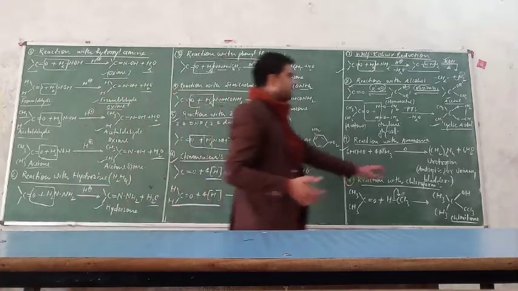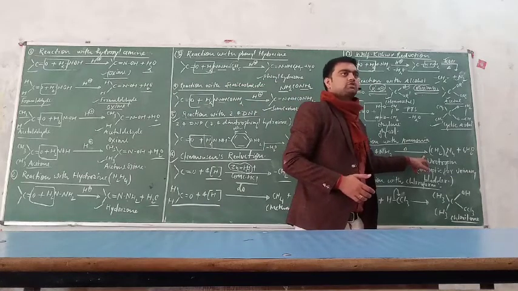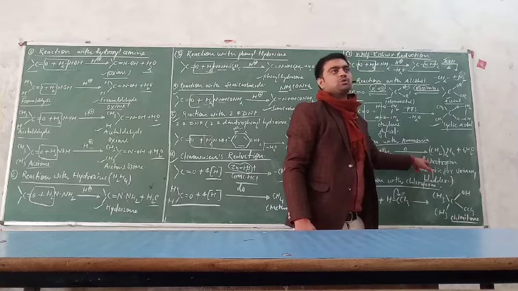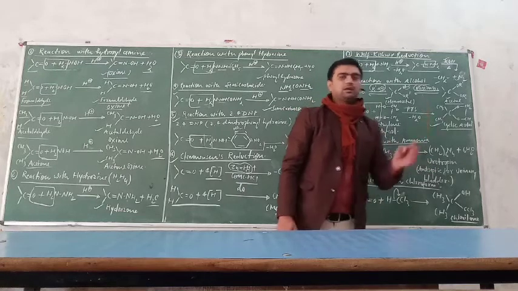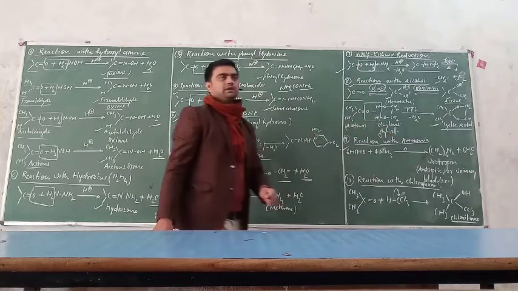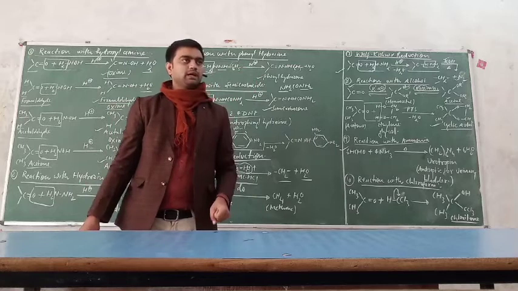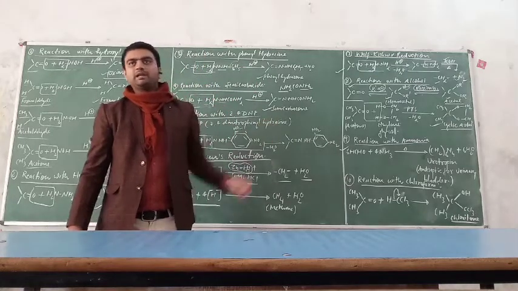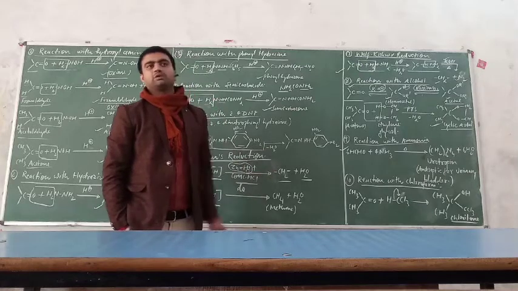The name of this compound is hexamethylenetetramine, or in short it is known as urotropine. Clear? And this urotropine is a chemical or antiseptic which is used for infection of the urinary bladder. Clear? This is the antiseptic which is used during infection of the urinary bladder.